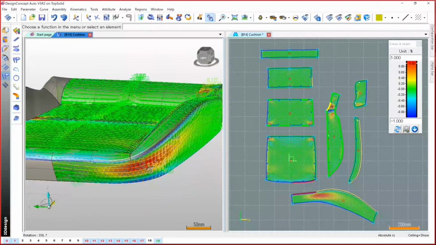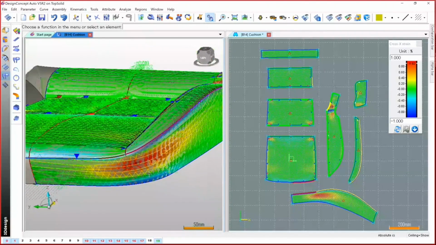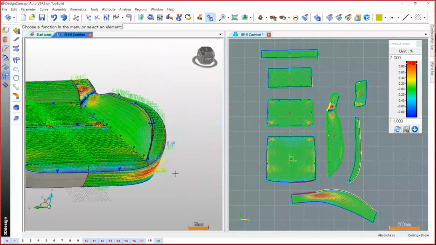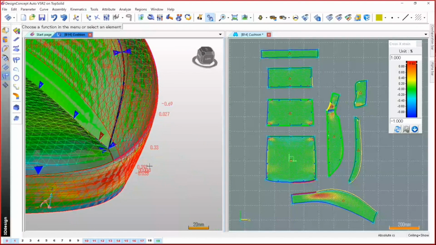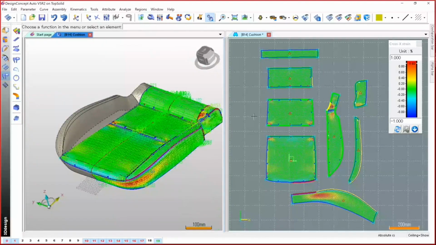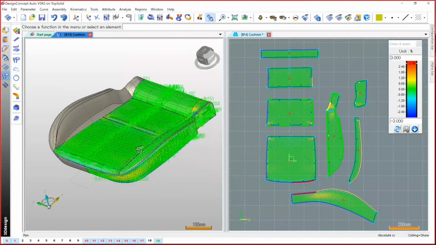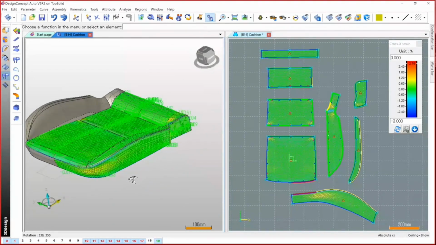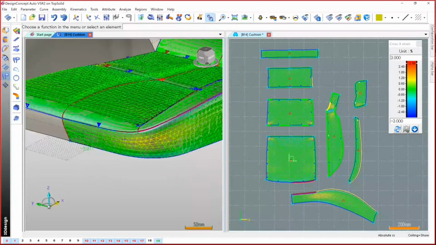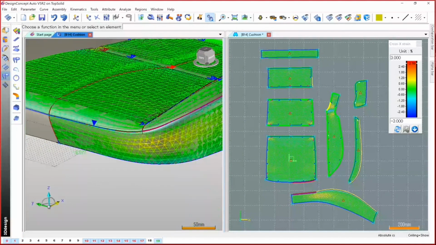Then you can identify each part's shape. Now Izuka-san is setting 3% maximum, and the bottom is -3%. Then you can see how this C design has tension on each area.